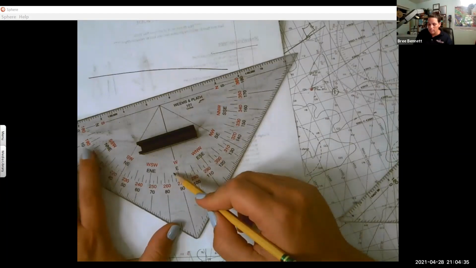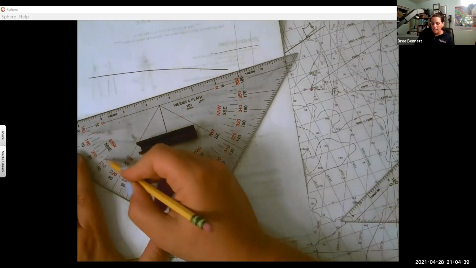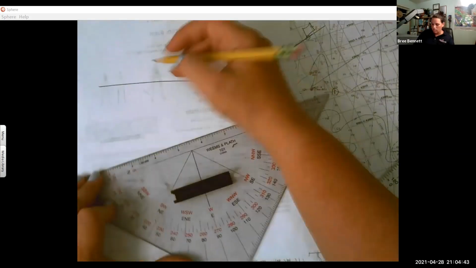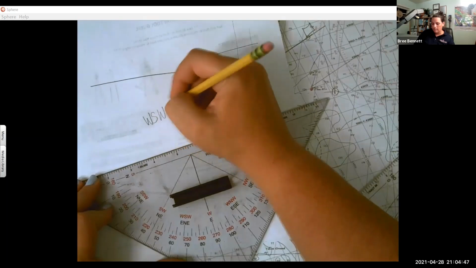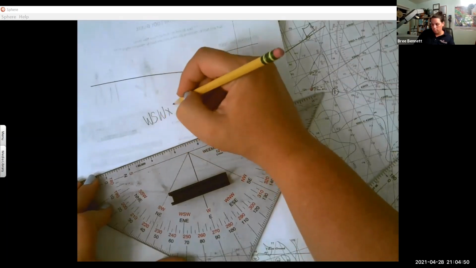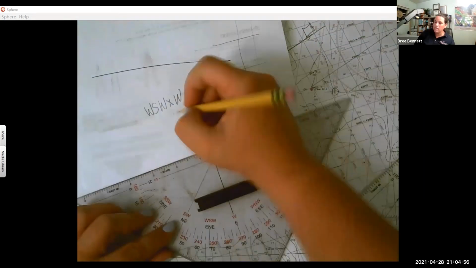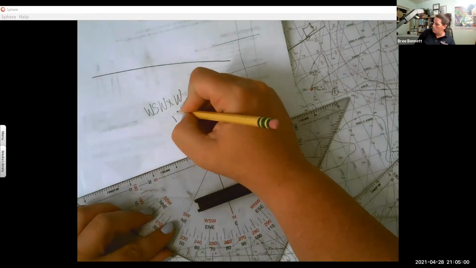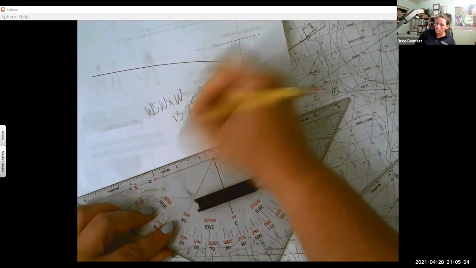So your north, east, south, west, southwest. And then these little ticks have the point system. So that's where you get your south, southwest, southwest by west, or by east. And each of these is equal to 11.25 degrees.